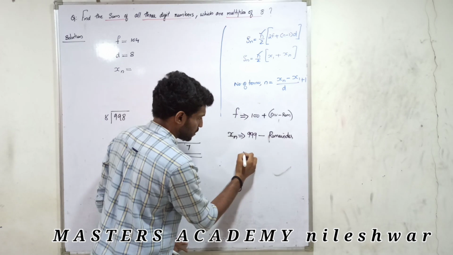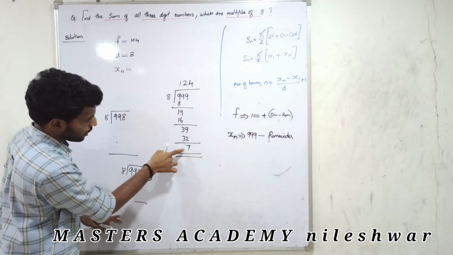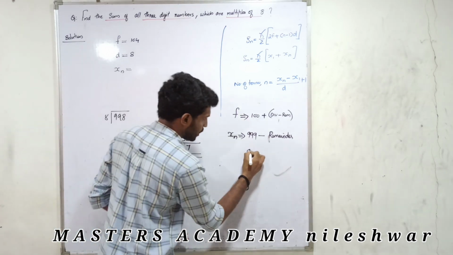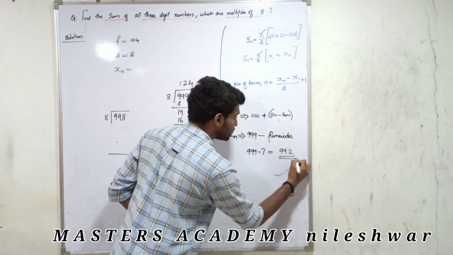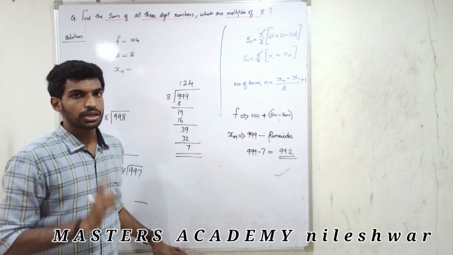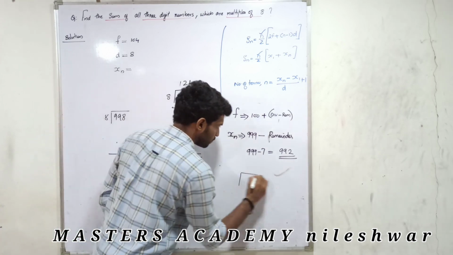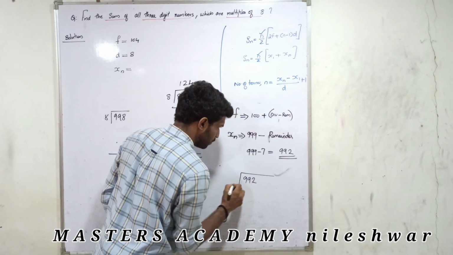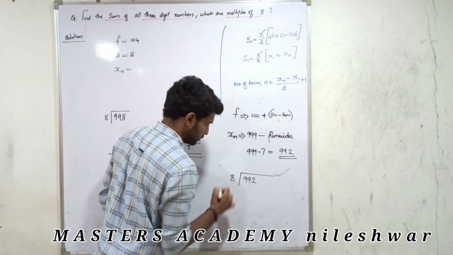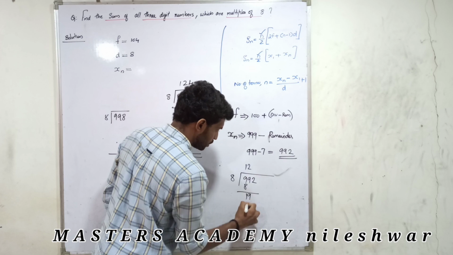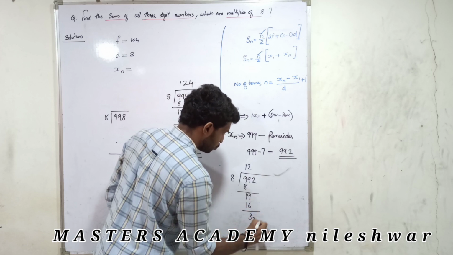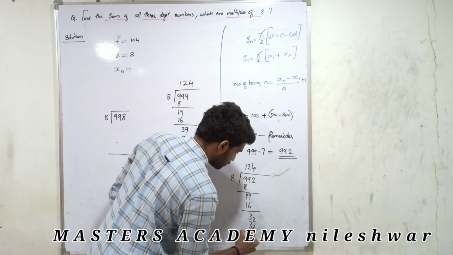Okay, let's take an example. Here we got 7 as the remainder, so 999 minus 7 is 992. So this is the 3 digit number which is a multiple of 8. Let us check. 992 divided by 8: 1 times 8, 19, 2 times 8 is 16, 32, 4 times 8 is 32, 0.